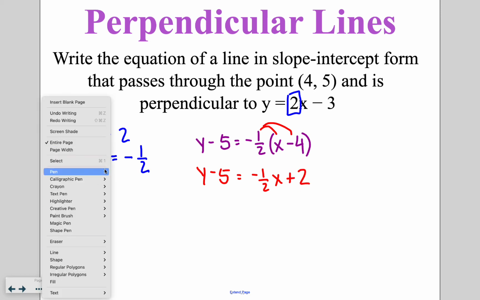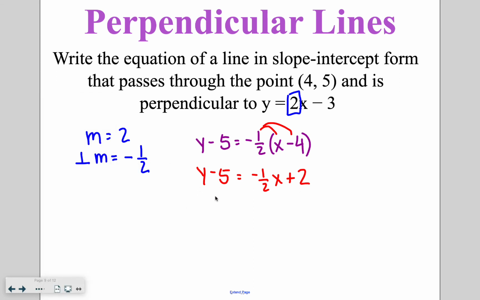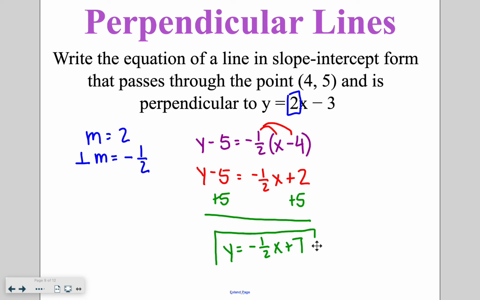And then we're going to finish up by getting y by itself, in this case adding 5 to both sides, and I end up with a final equation of y is equal to negative 1/2 x plus 7. So we've got the perpendicular slopes. One is positive, one is negative, and then the fraction or the whole number is flipped over.